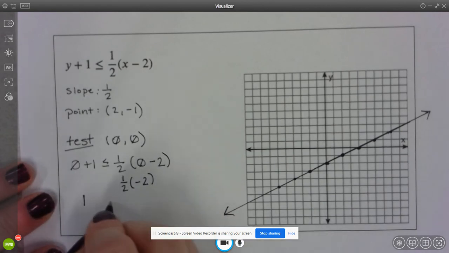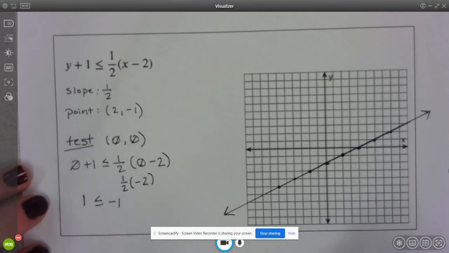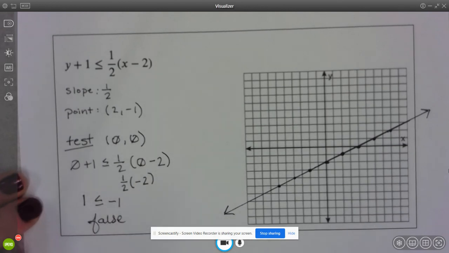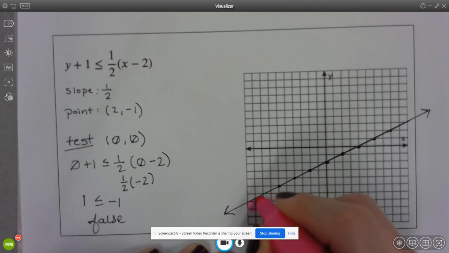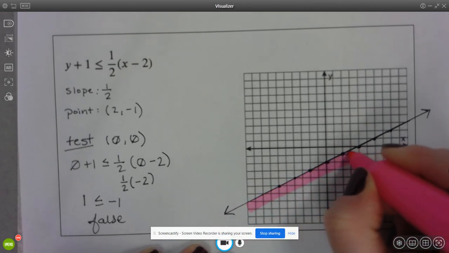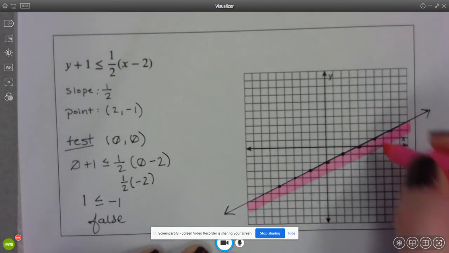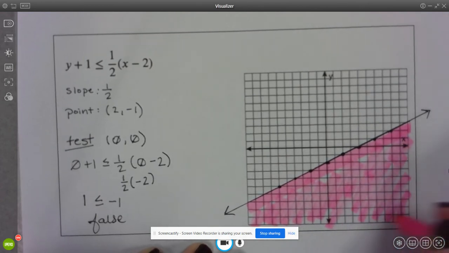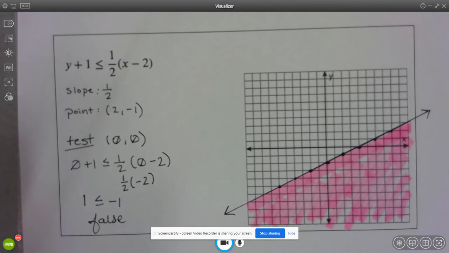Well, half of -2 would be -1. 1 is not less than or equal to -1. This is false. So I cannot shade over top of (0, 0). I have to go to the opposite side of the line. So it's everything down here. And that's graphing linear inequalities.